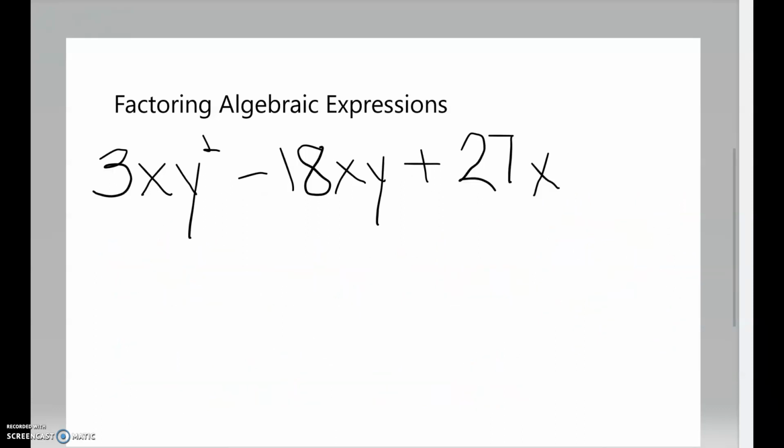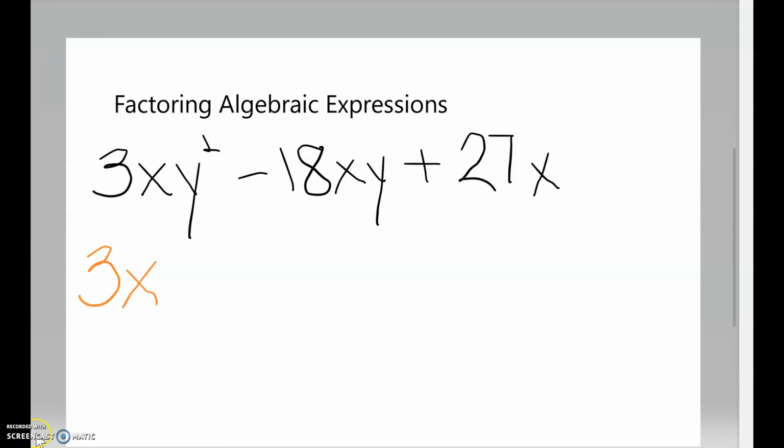Here is another example, 3xy squared minus 18xy plus 27x. I want to look for anything that can be divided by all three terms first. And I see that all three of them can be divided by 3. But I also see that all three of them have a common x.